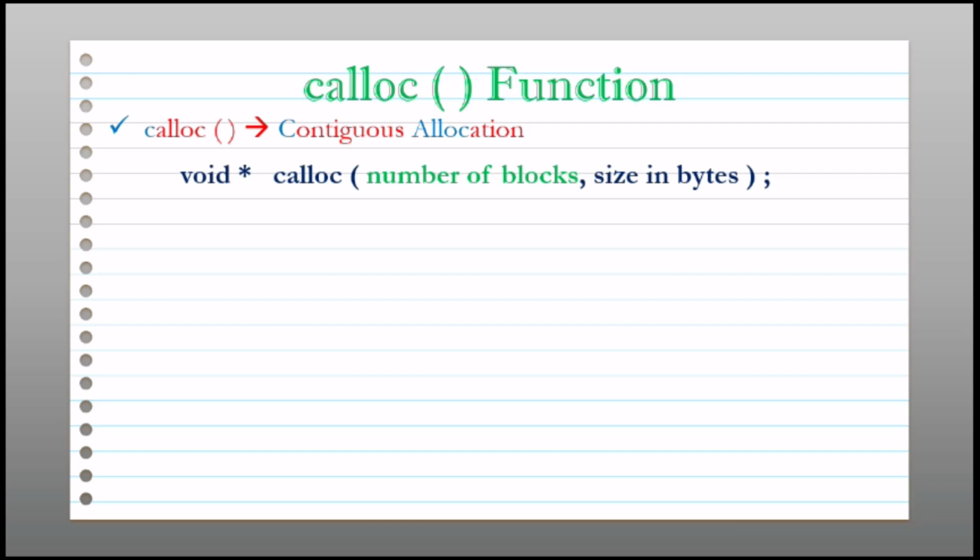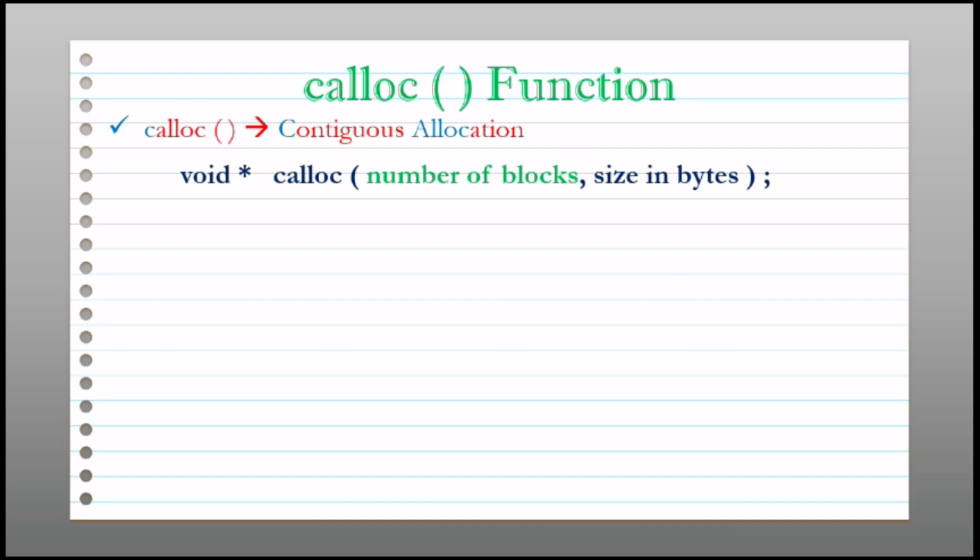So here size means how many bytes of each block we want to allocate in memory. Calloc is the name of the function and the return type is void pointer, which returns the address of the first byte of the first block.